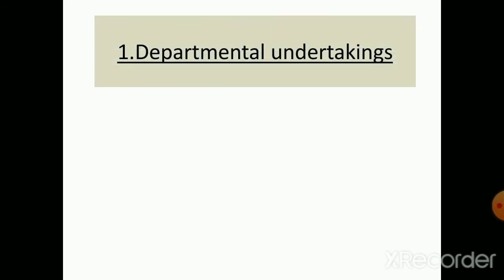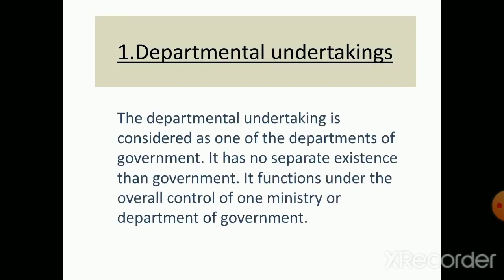So the first type is departmental undertaking. This is the oldest form of public sector enterprise. The departmental undertaking is considered as one of the departments of the government itself. It has no separate existence from government, which means it is fully controlled and managed by the government, and it functions under the overall control of one ministry or department of the government.